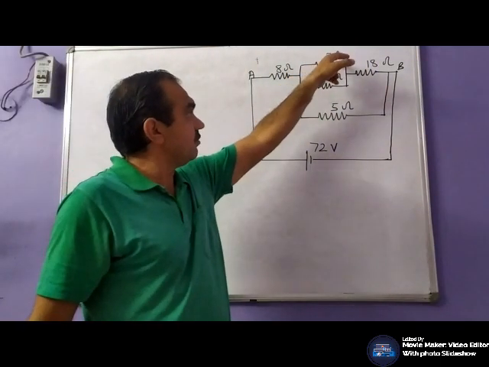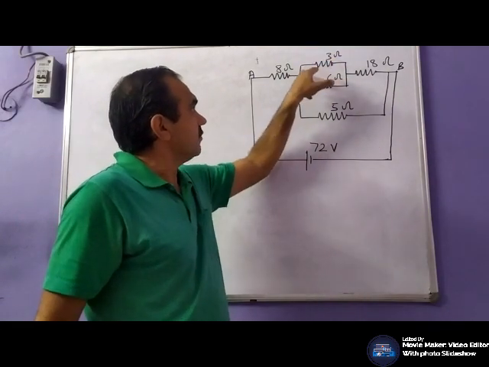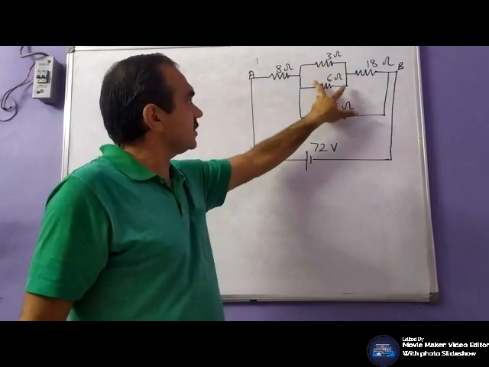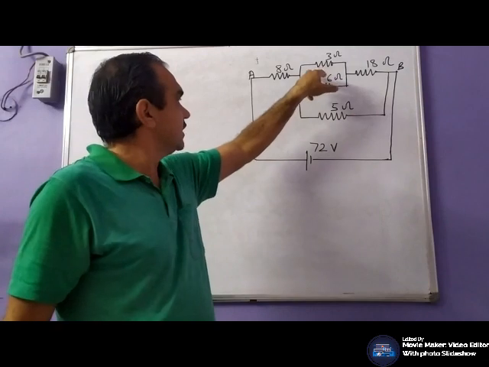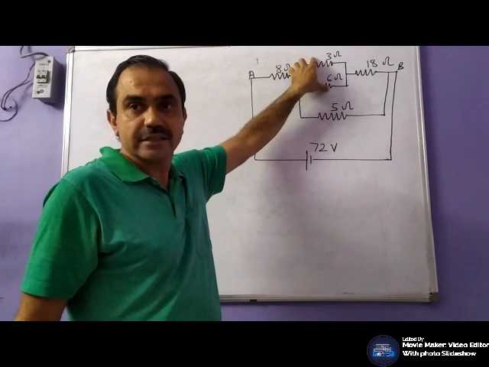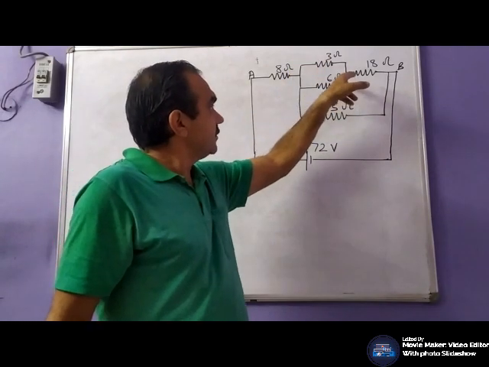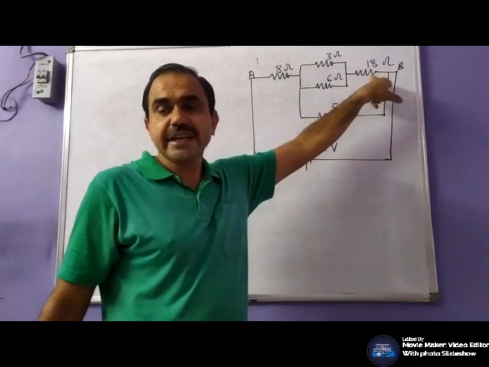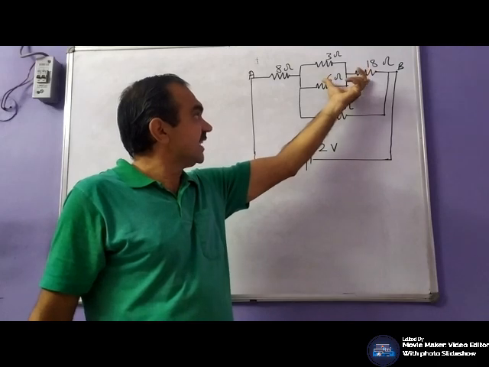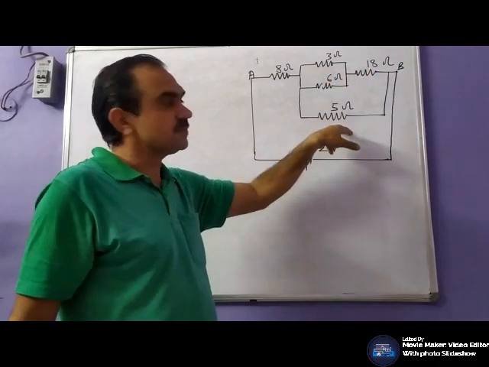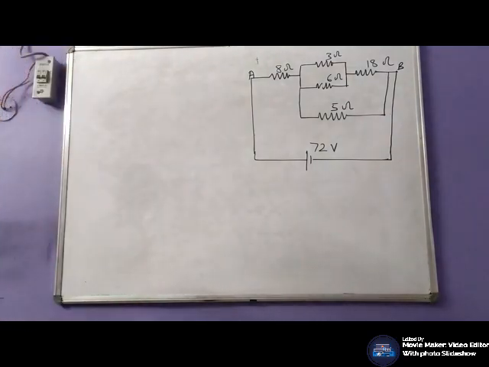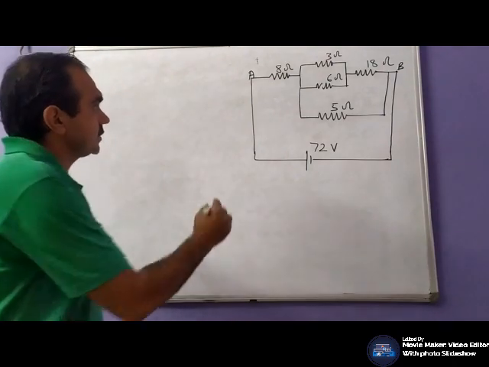Now for the 3 ohm and 6 ohm, one end of both resistances is connected to one common point, and the other end of both is connected to another common point. So these are connected in parallel, and with this parallel combination the 18 ohm resistance is connected in series, and with this series and parallel combination the 5 ohm resistance is connected in parallel. So we have to simplify it in steps.